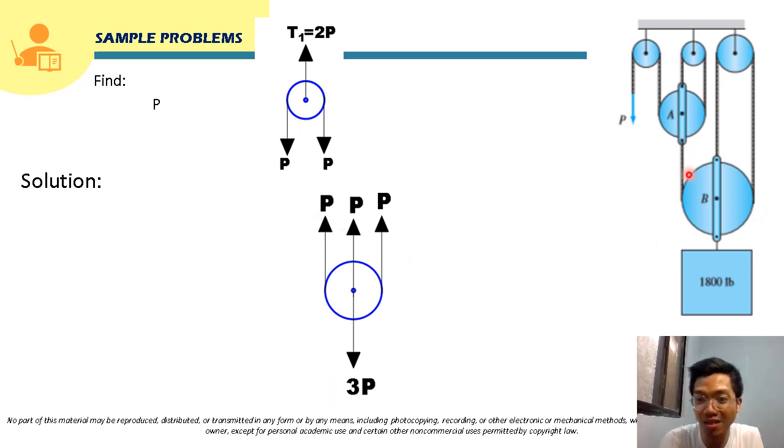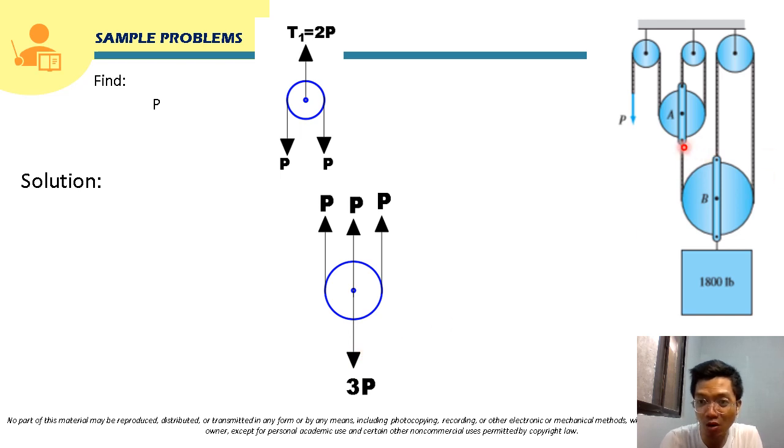As we know, the force in this cable is not P, because our cable is already cut here. So this is no longer continuous here. But from the free body diagram of this pulley, we already know that this is 3P.